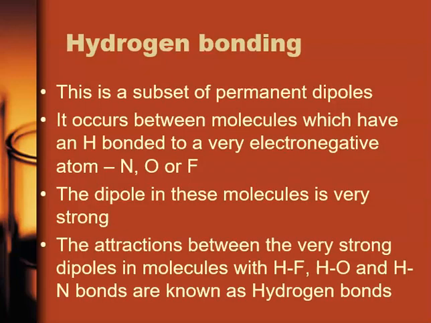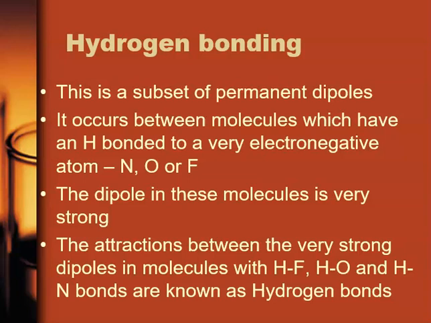Now, hydrogen bonding, which is the third type of intermolecular bonding, is a subset of permanent dipole interactions. It's the bonding that occurs between molecules where hydrogen is bonded to a very electronegative atom. In this case, we're talking only nitrogen, oxygen, or fluorine.